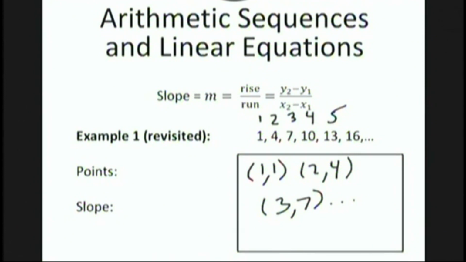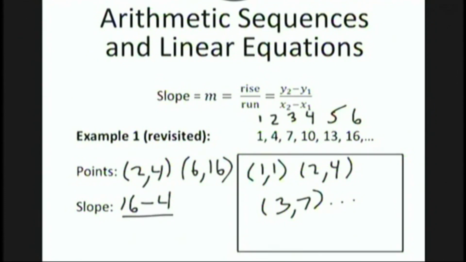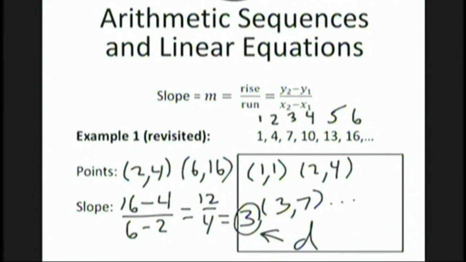We can take any 2 points on this line, such as 2, 4, and let's use 6, 16. And now the slope of the line passing through those 2 points is, we subtract the y values, 16 minus 4, and we subtract the x values and divide to get 12 over 4, which is 3. And note that this is just the common difference of the arithmetic sequence.